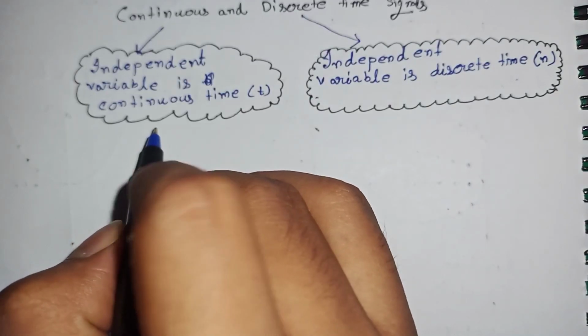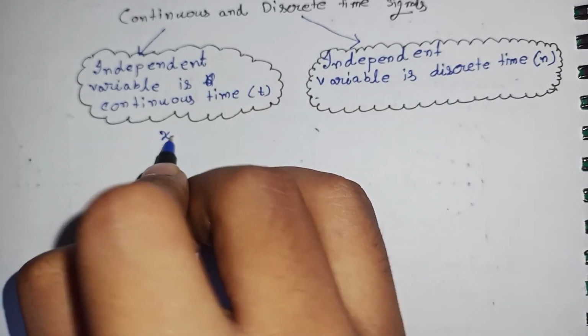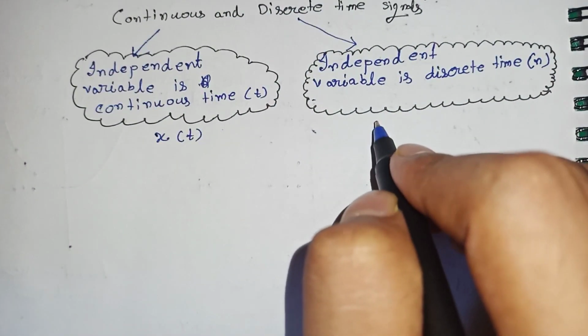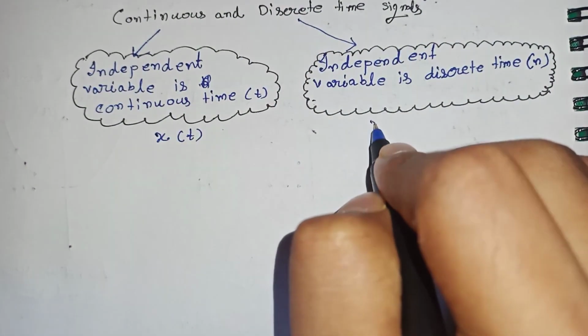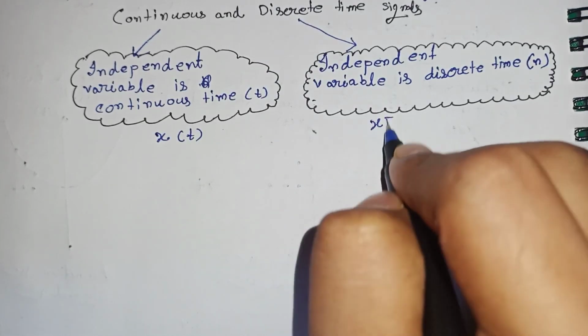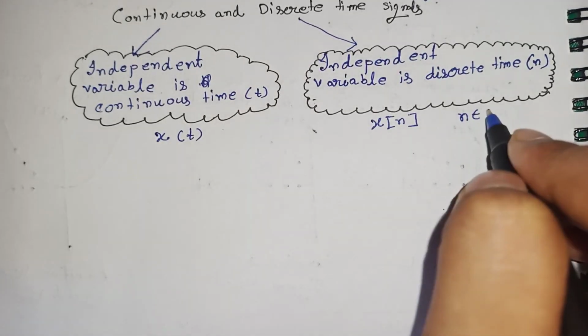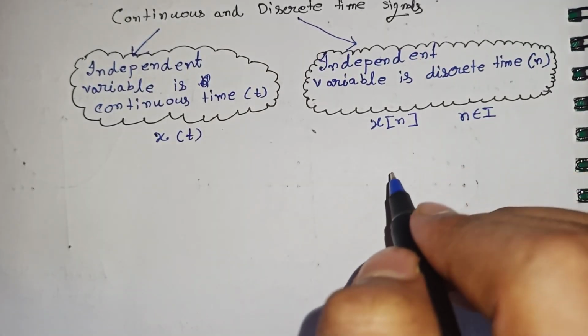How to represent continuous time signal? It is x of t. And how to represent discrete time signals? That is x of n, where n belongs to an integer.